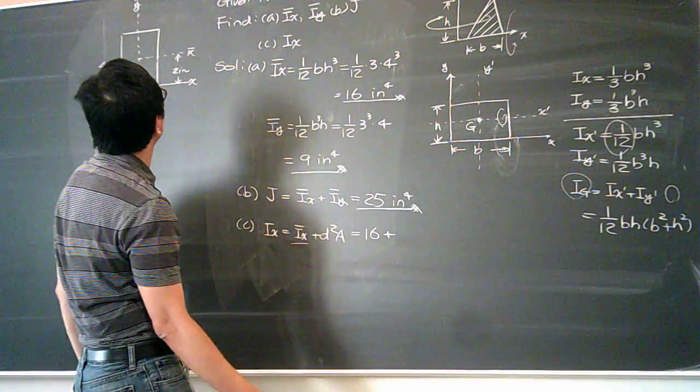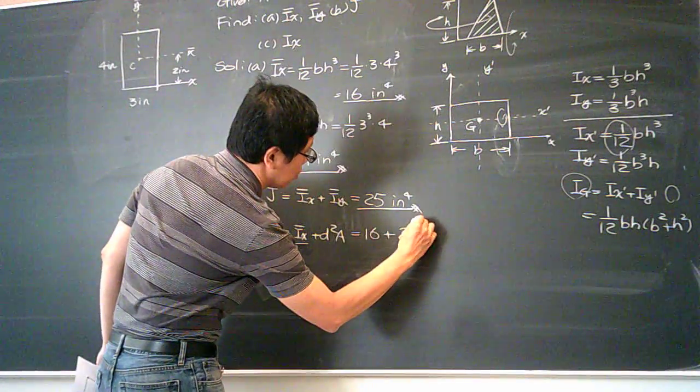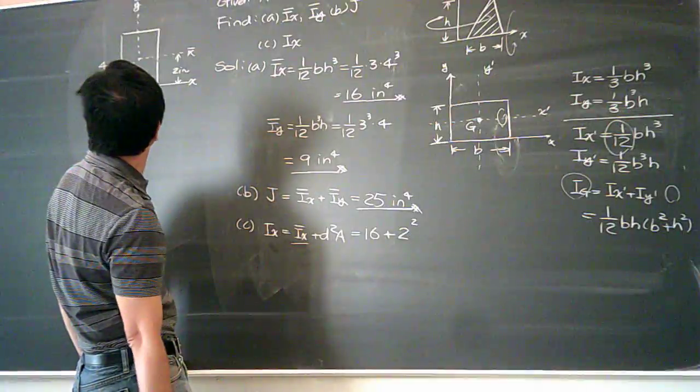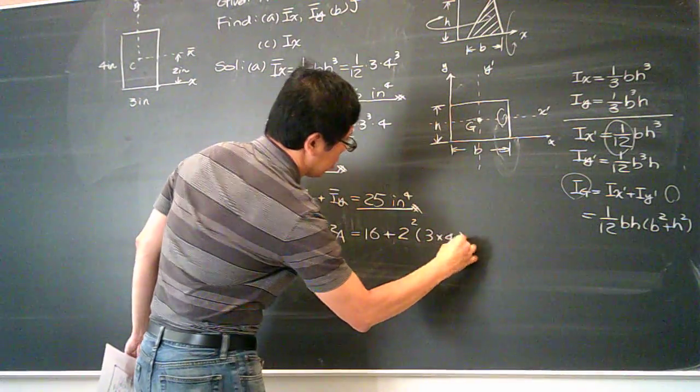And over here, what is my d? 2 squared. What is my A? 12.